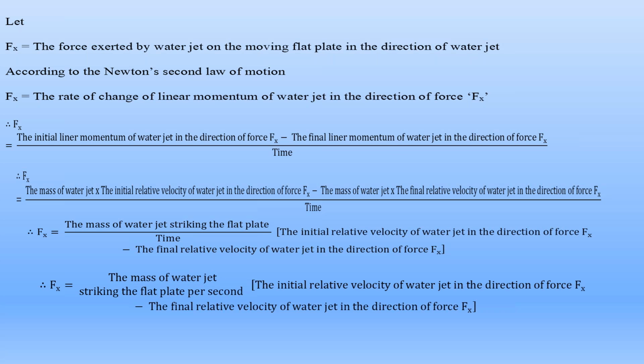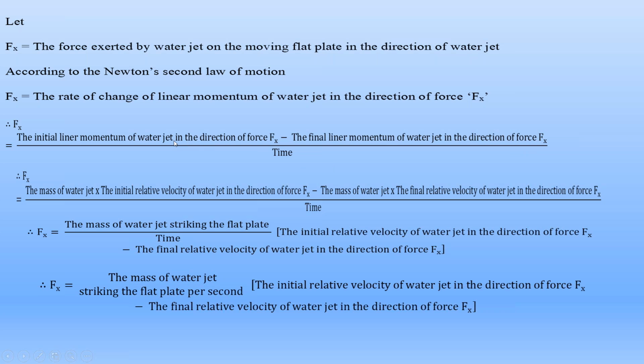Now coming to the right hand side, the rate of change of linear momentum of the water jet in the direction of force Fx is equal to the initial linear momentum of the water jet in the direction of force Fx minus the final linear momentum of the water jet in the direction of force Fx, divided by time.